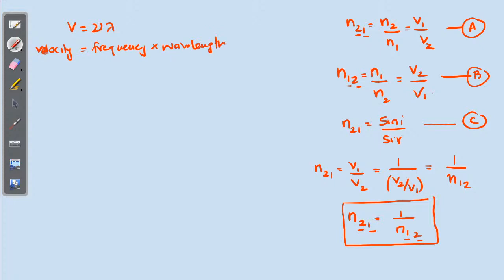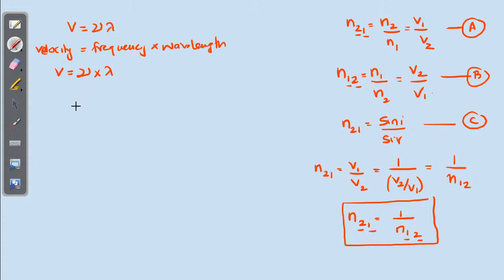The same kind of equation is valid in the case of light also. So velocity of light can be written as frequency of the light multiplied by wavelength of the light. Whatever equation you have studied for sound, the same equation can be used here.